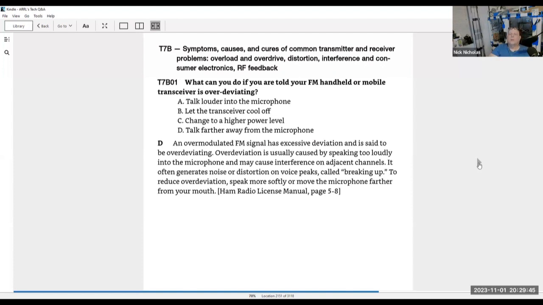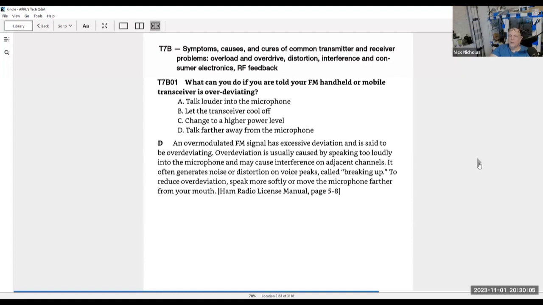I'm going to cover this one and we're going to be done. What can you do if you're told your FM handheld or mobile transceiver is over deviating? Over deviating is caused by over modulation, too much audio, to make it mildly.